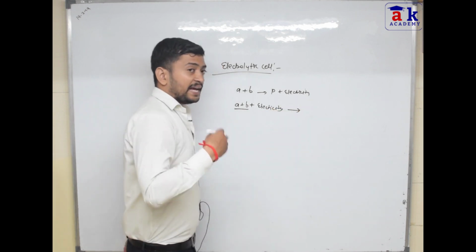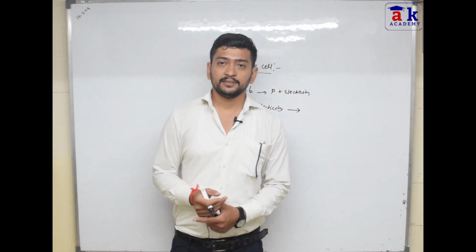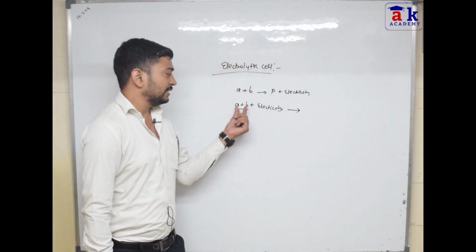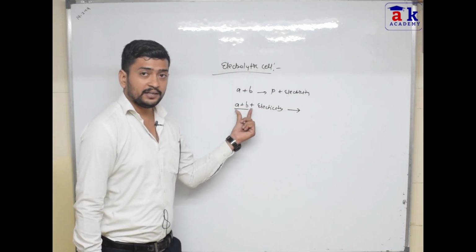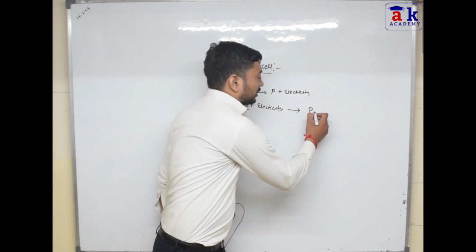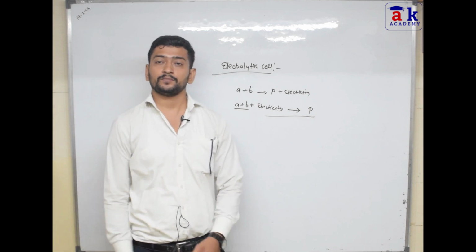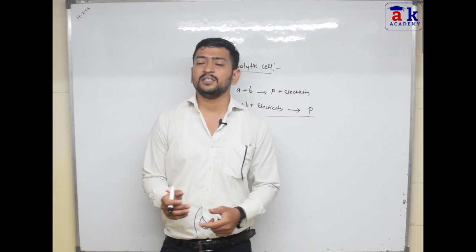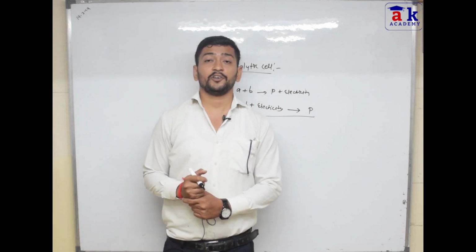Here we will supply electricity to the reactants. In this case, A plus B will react together by means of electricity and the product will be formed. So this is the basic thing which we understand in the electrolytic cell.